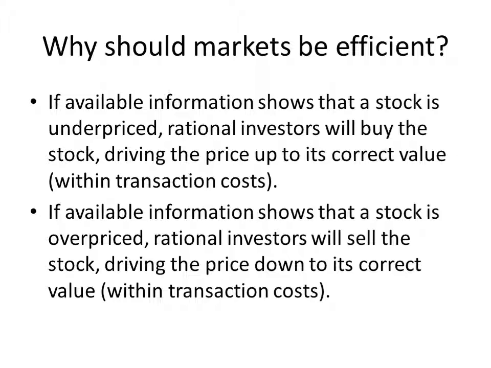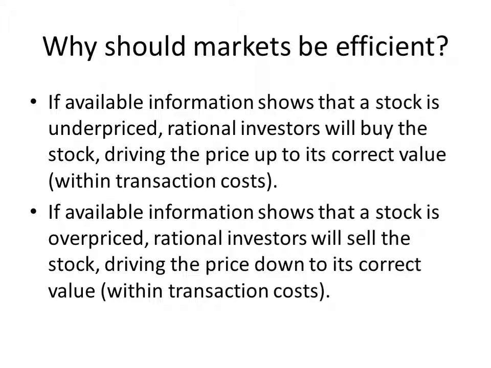Now, if the available information shows that a stock is overpriced, rational investors are going to sell that stock. And you don't even truly have to own a stock in order to be able to sell it. You can do what we call short selling, where you borrow the shares from another investor, sell them in the hopes of buying them back at a lower price to return to that investor from whom you borrowed them.